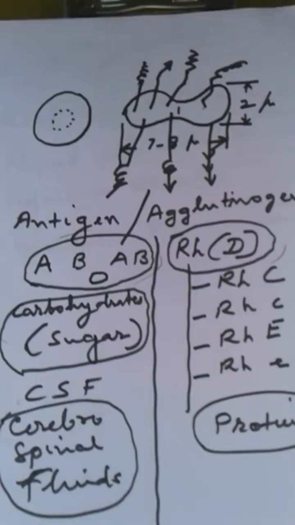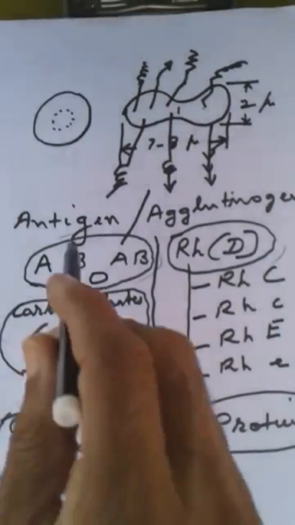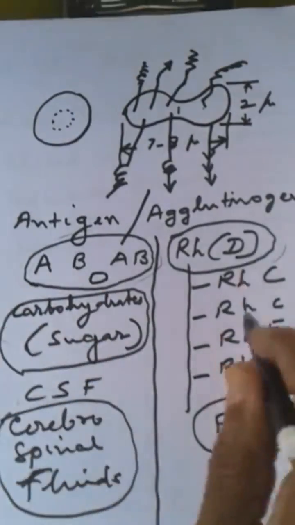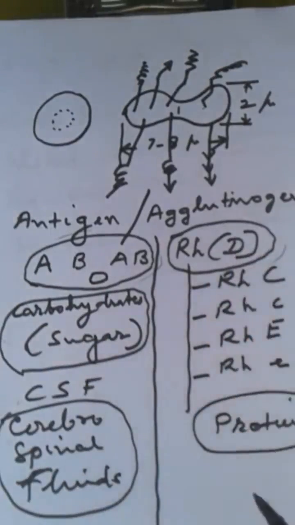It is seen in feces and meconium also, whereas the RH system is only seen in red blood cells. So that is the introduction.